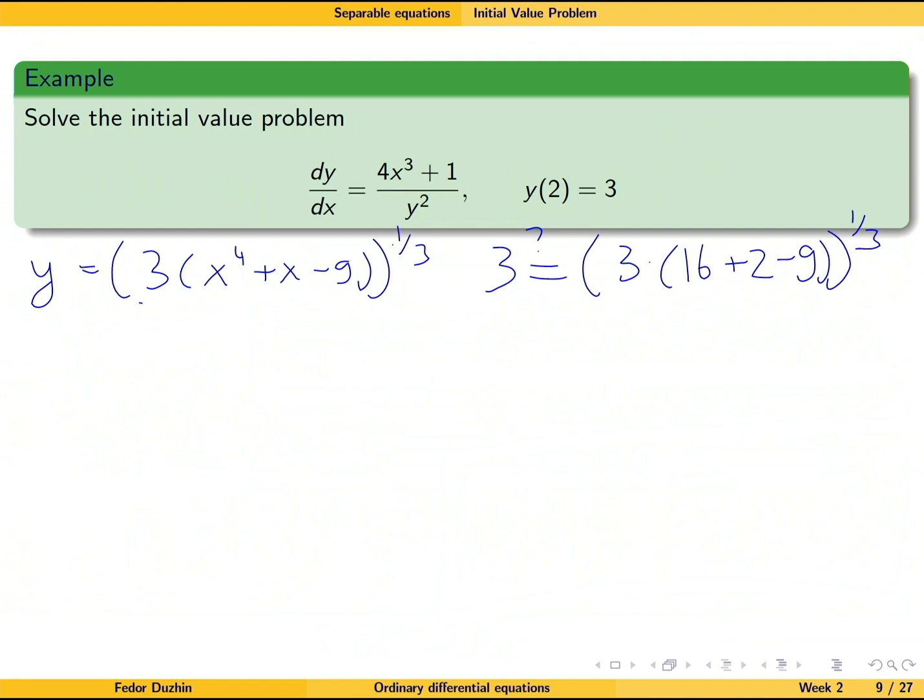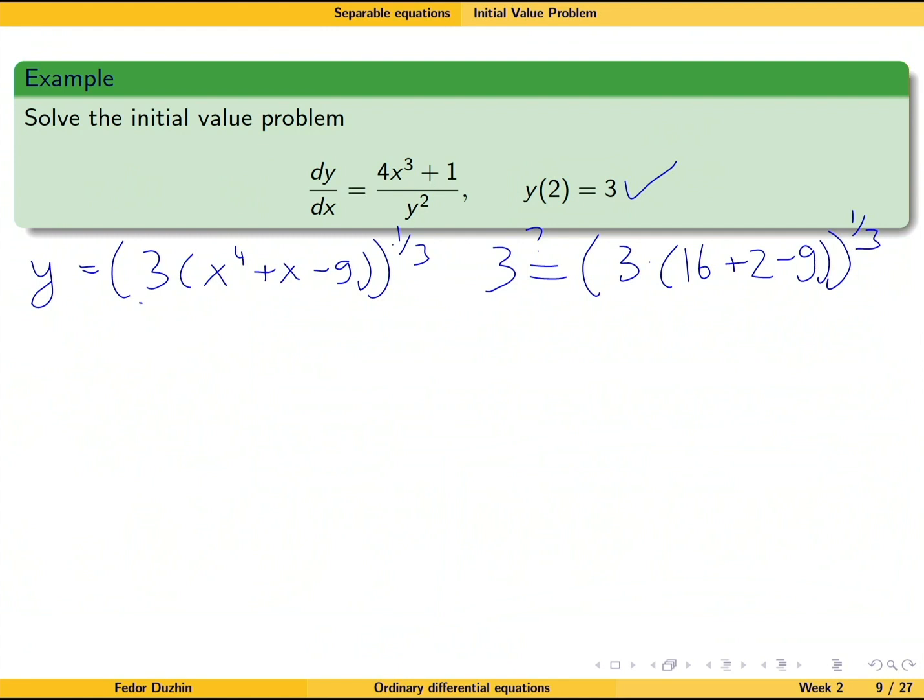Correct or not? So 16 plus 2 is 18, minus 9 is 9, 3 times 9 is 27, and cube root of 27 is 3, so it is correct. Okay, fine. The initial condition has been verified.